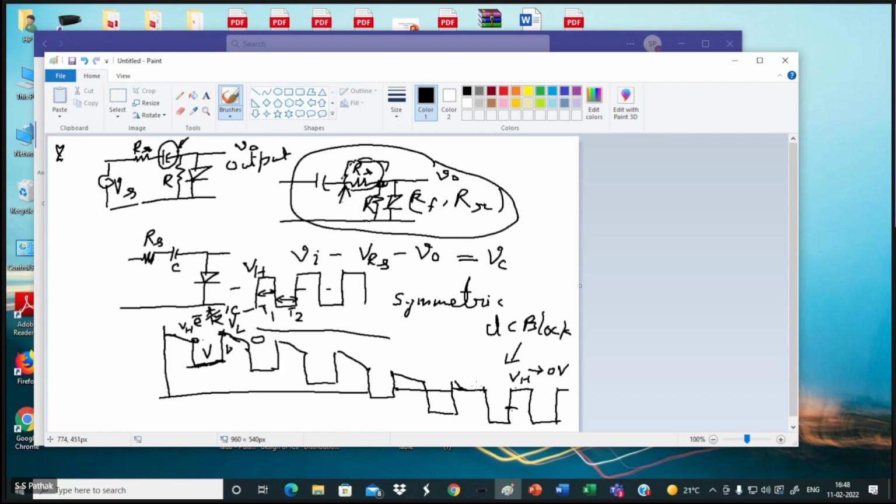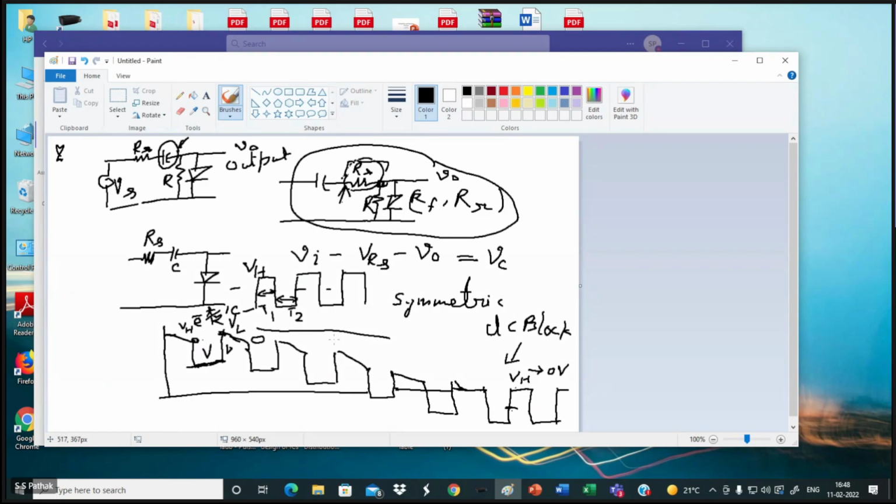Any question, I welcome. I have not put any other component to complicate the situation for your understanding. So it is just exponentially decaying. Shape is decaying in the transient response. In a steady state, it becomes clamped, that exactly that square voltage.